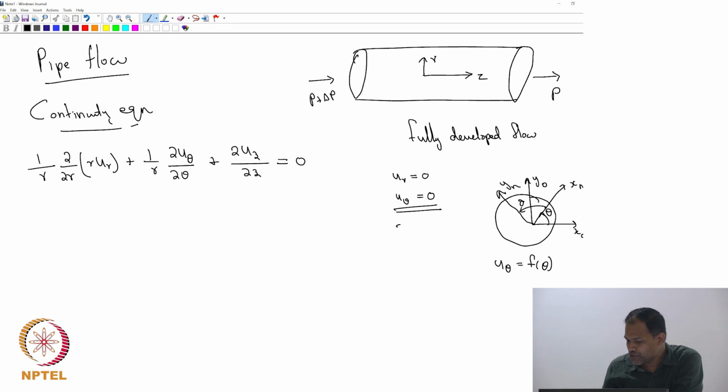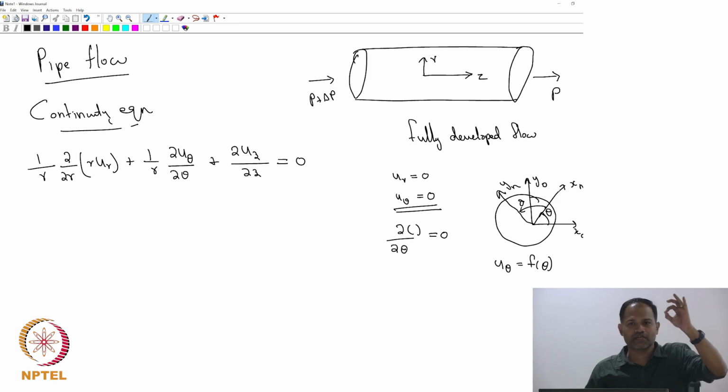We will also assume that del by del theta of anything is equal to 0. What is meant by that? As I go in the theta direction, in this direction, again I am assuming that there is nothing that is changing, okay. So imagine you have exactly a circular pipe. Why should any point be different than any other point? That's the idea, okay.